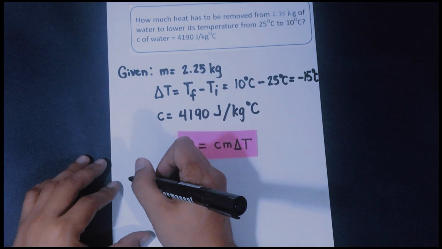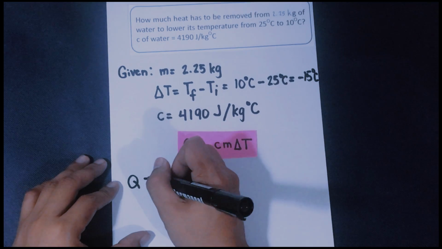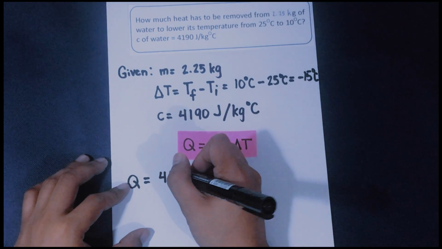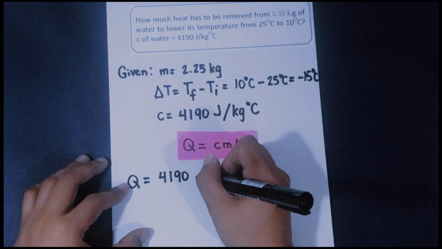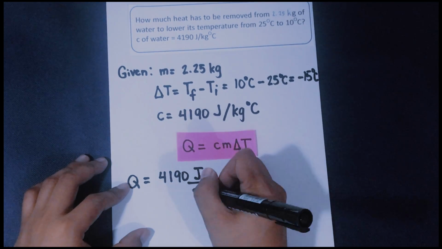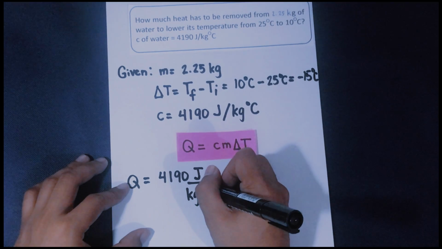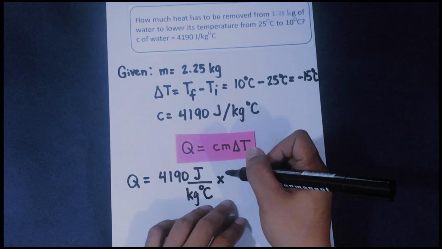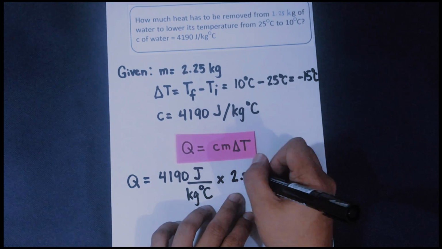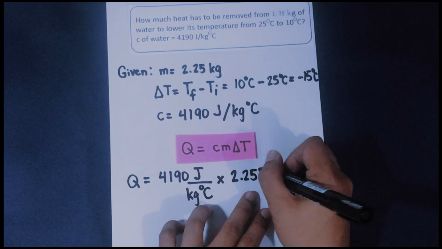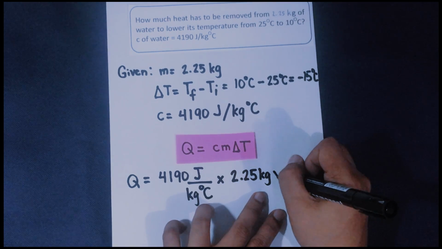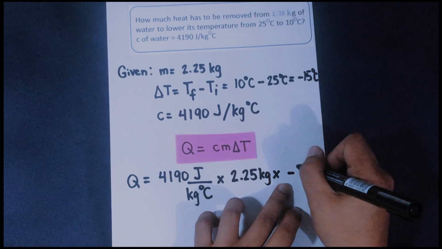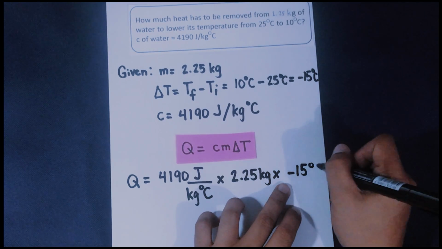So we have Q is equal to the specific heat, 4,190 joules per kilogram degrees Celsius, times the mass is 2.25 kilograms multiply by the change in temperature, which is negative 15 degrees Celsius.